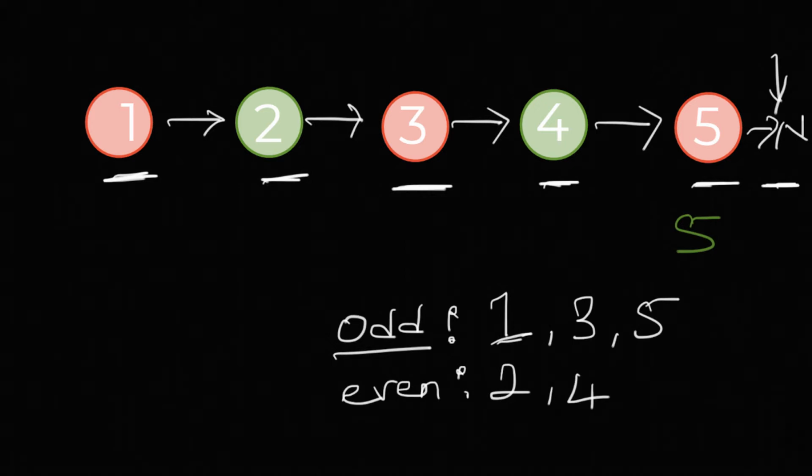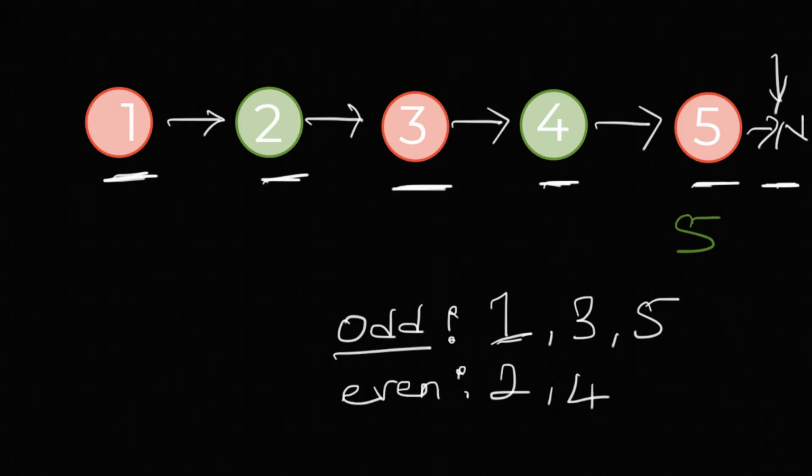So breaking out of the loop, after we do that, we're going to find out that we're going to have 2 lists. One list consisting of odd values, and the other list consisting of even values, or rather values at odd indices and values at even indices. So we're going to reconstruct 2 separate linked lists with these values and then join those linked lists together.